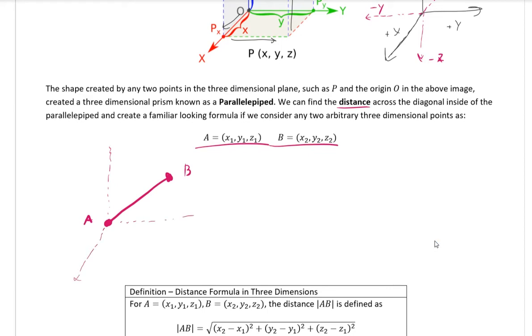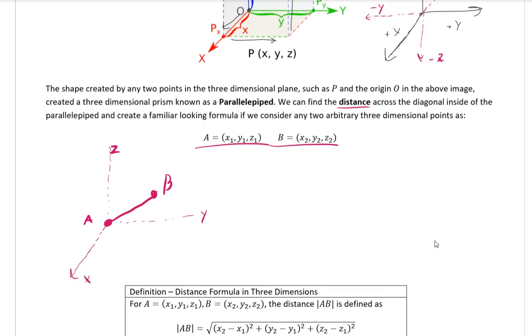Then I think about B as a combination of a couple different vectors here. So maybe I'll put B here. It'll probably be a little easier to understand. So I'll have z here, y, and x coming this way.